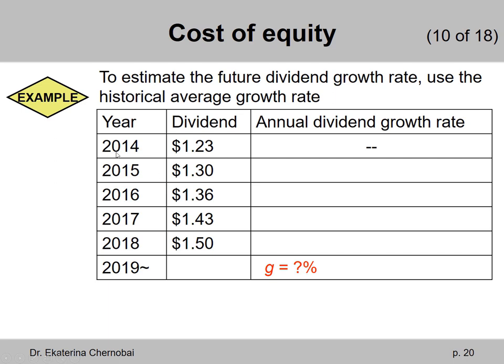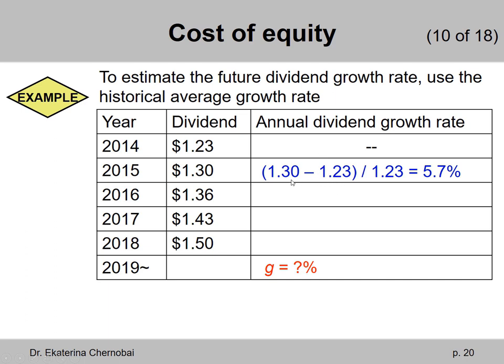What about going from $1.23 in the year 2014 to $1.30 in the year 2015? What's the implied growth rate in this dividend amount? Well, I always tell my students in any class I teach, whether it's real estate or finance or econ, that the percentage change or the growth in anything is new minus old. That's the difference, in our example in dollars, the dollar change.